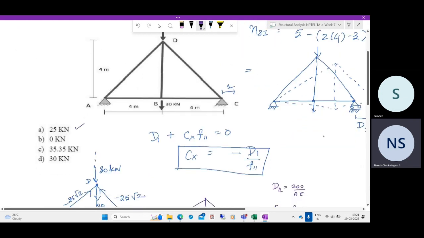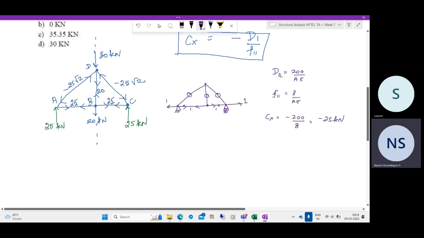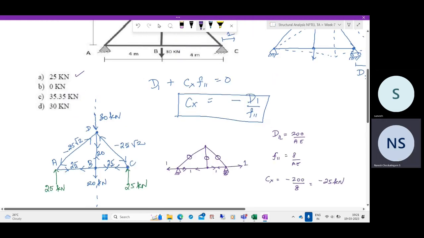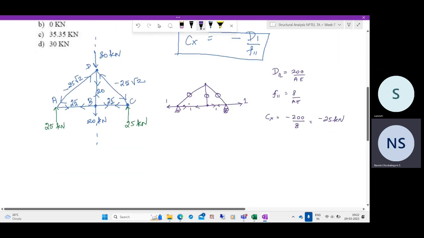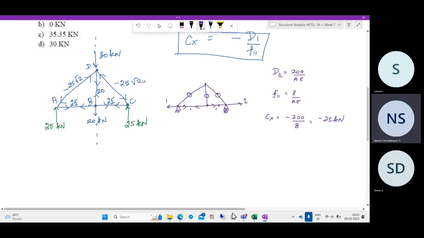So this is the primary structure. We had already determined the unknown forces, and similarly we also took the redundant. We took the primary structure with the applied redundant force. By simple analysis, we found that except the two horizontal members at the bottom, all others are zero force members.